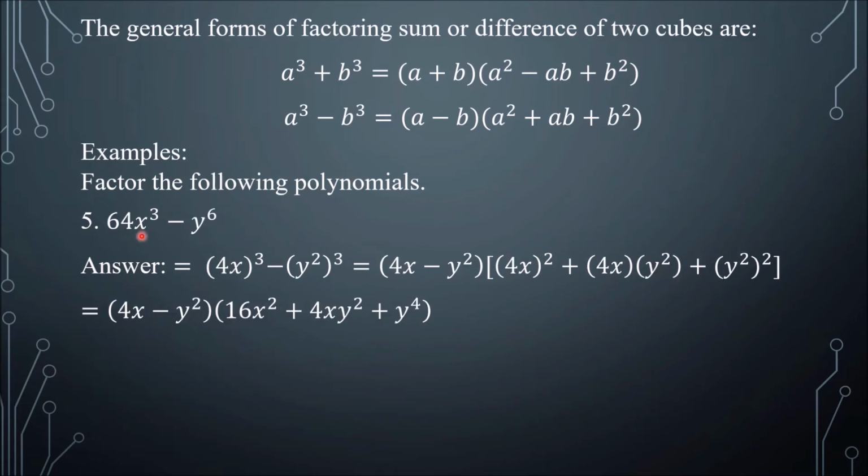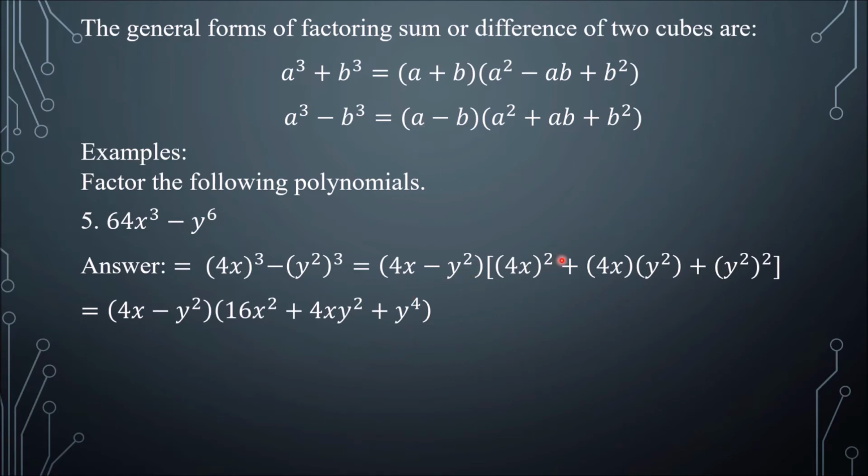Next, number 5, 64x cubed minus y raised to 6. So 64x cubed is 4x, quantity cubed. Y raised to 6 is y squared cubed. Take note of the product rule. So 2 times 3 is 6 in our laws of exponents. So following form number 2, the second form, we have 4x minus y squared because a is 4x and b is y squared.